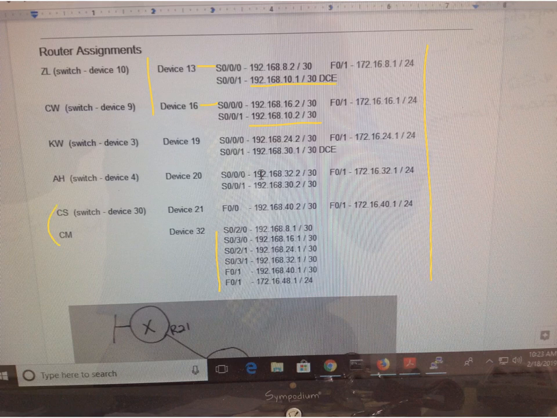These two devices are connected by Ethernet. This is its LAN on this router. And so here and here are connected. These devices have a common connection also.